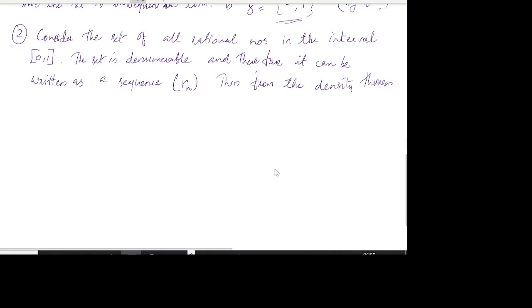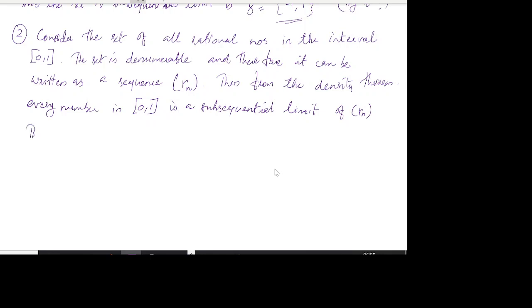So by the density theorem, every number in the closed interval [0, 1] is a subsequential limit of Rn.